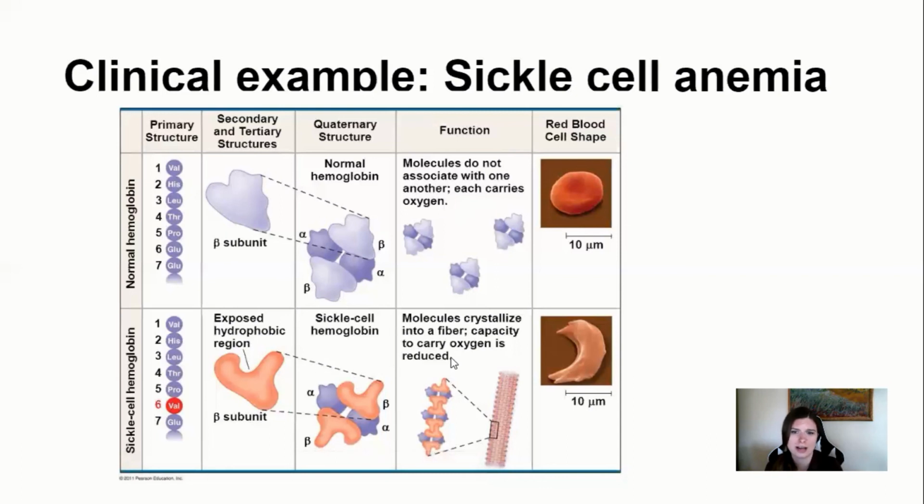They interact with each other and kind of crystallize, which really impacts how much oxygen they can carry. They can carry less oxygen because they're linked together, so they don't have the same space they would usually have. So this is a way that the shape of proteins really affects how something in the body functions.